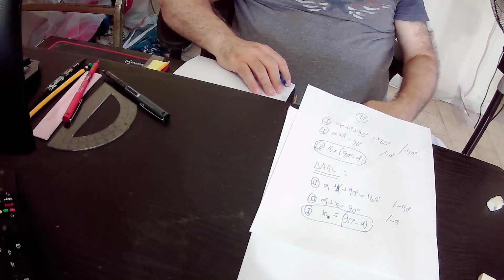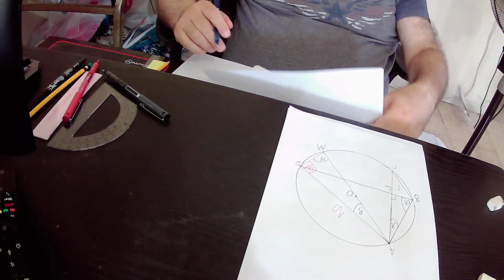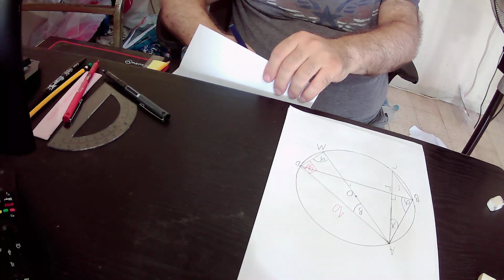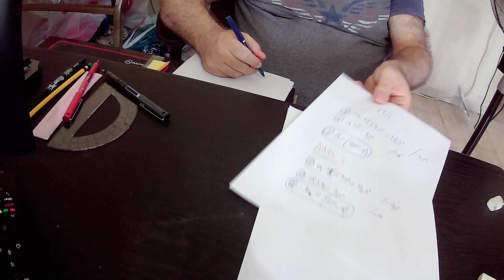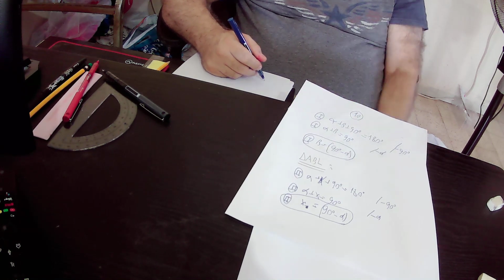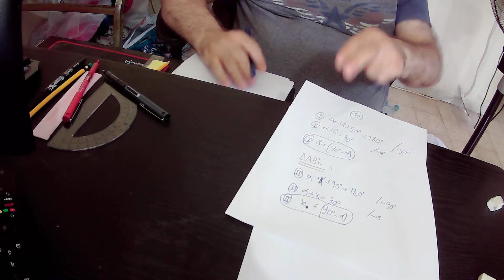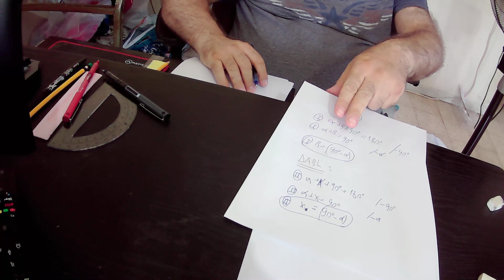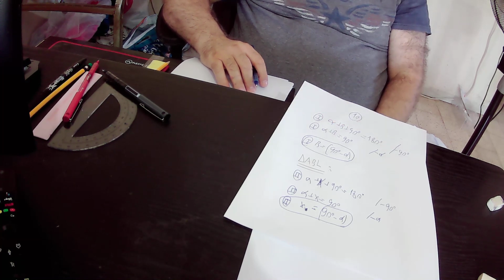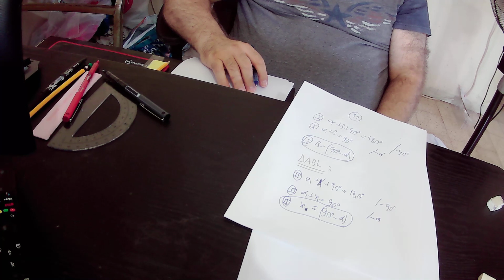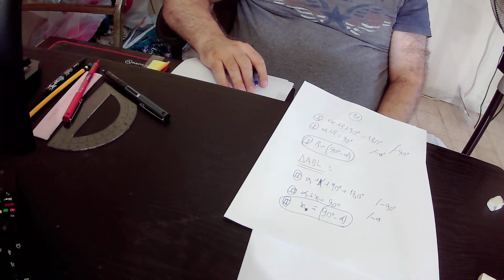So actually we have equation number 2 that states that x equals 90 degrees minus alpha, but equation number 1 states that beta equals 90 degrees minus alpha. Okay, so I will write it down.